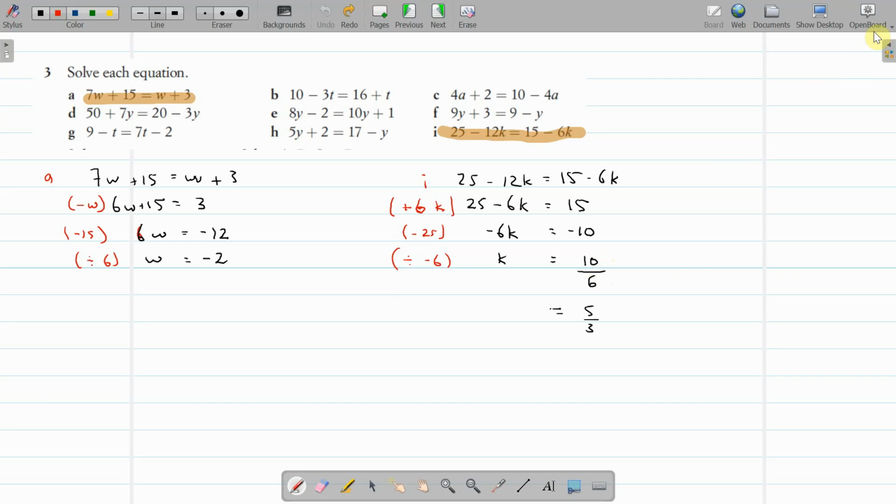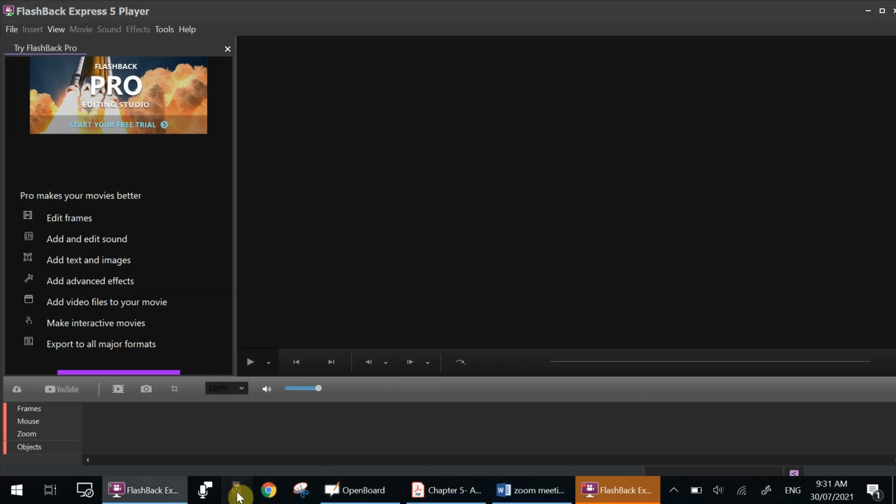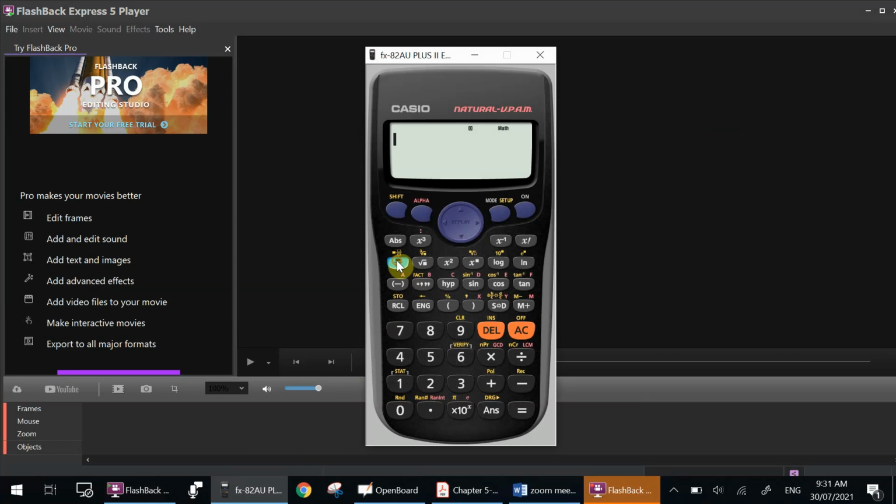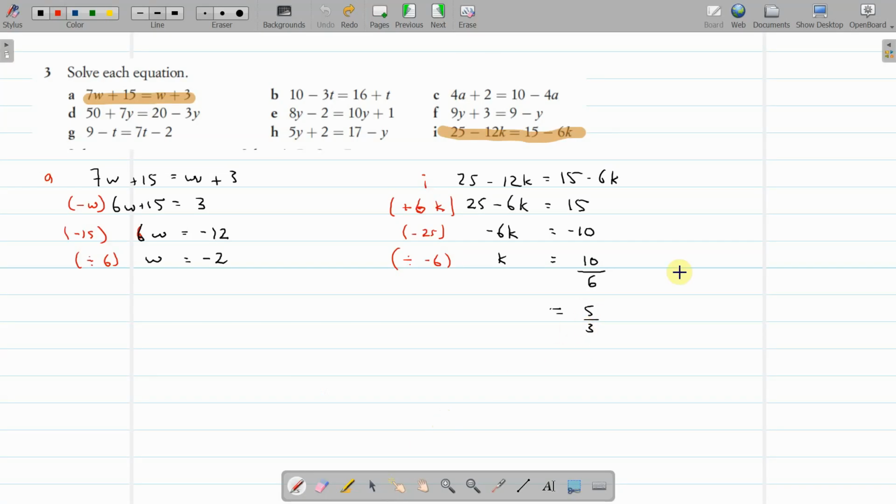So I'll just show you on the calculator. Minus 10 over minus 6, because the fraction is the same as dividing. There we are. All the minuses have gone and it's simplified to 5 over 3. And that's what we've got here. Textbook has it as a 1 2/3, but it's the same. So that's exercise 701.